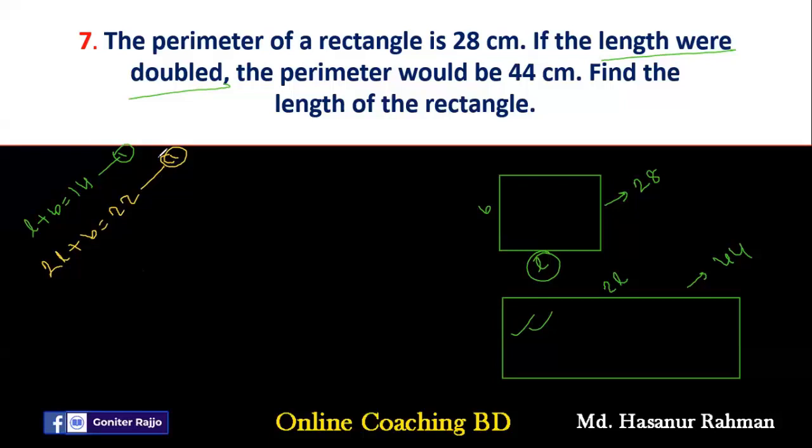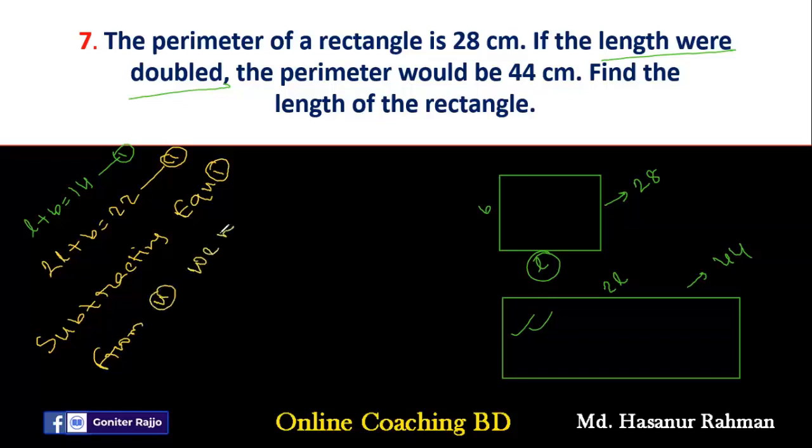Now we have to subtract these two equations. So subtracting equation number 1 from 2, we get (2L plus B) minus (L plus B) equals 22 minus 14.